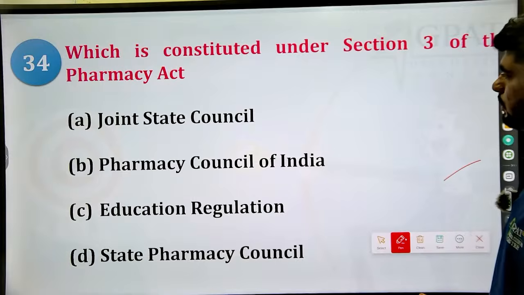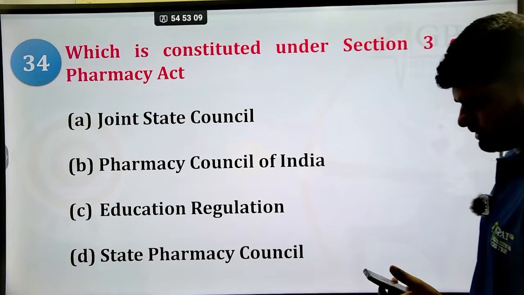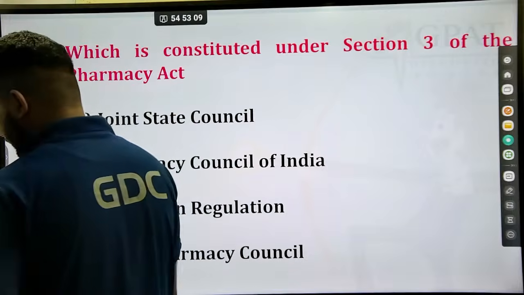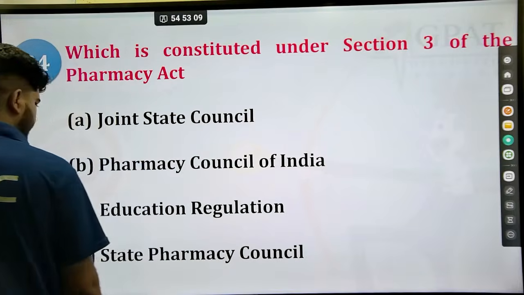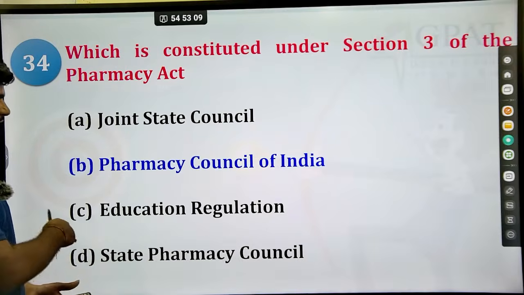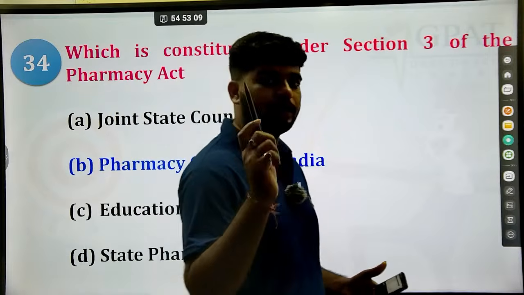Okay. Chalo. Now, which is constituted under Section 3 of the Pharmacy Act? Joint State Council, Pharmacy Council of India, Education Regulation, or State Pharmacy Council? Simple question, right? That is nothing but your Pharmacy Council of India that was established in 1949.